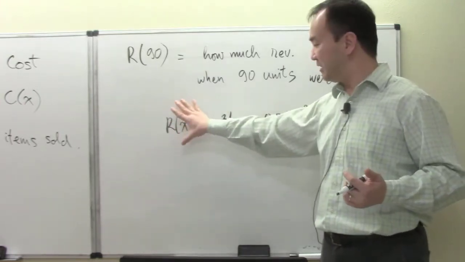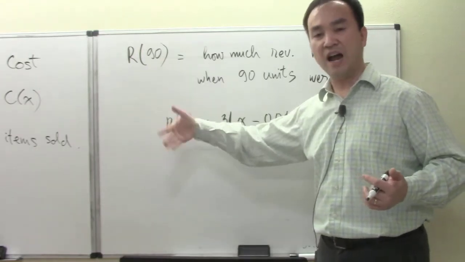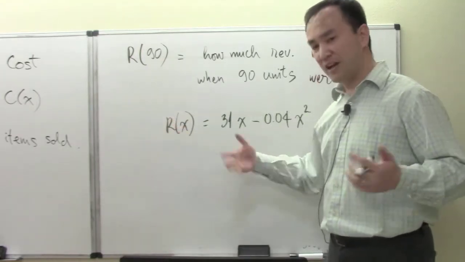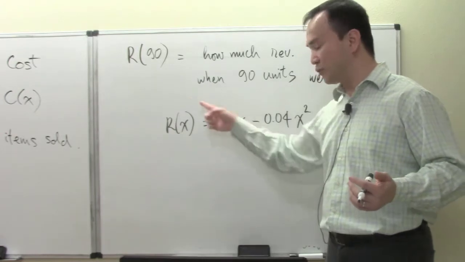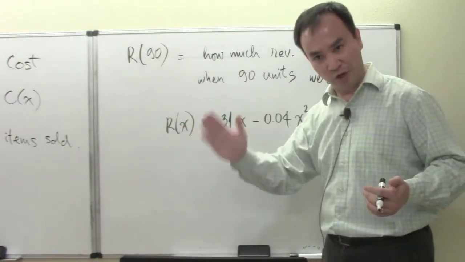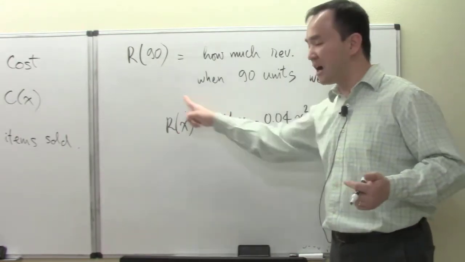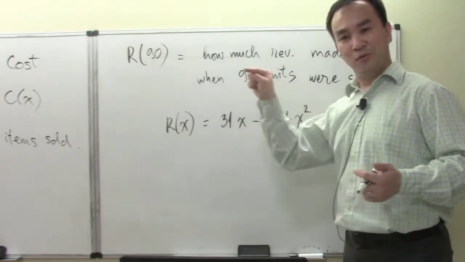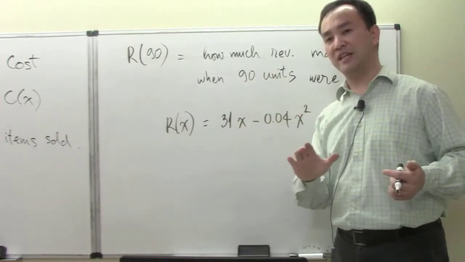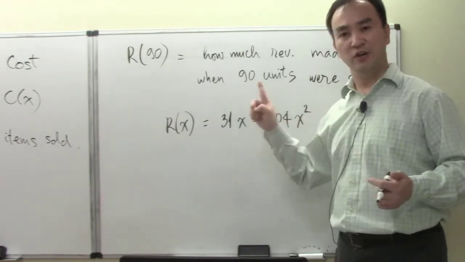But usually this can be done by a hired professional. When you run your own business, usually you hire an analyst who observes the market for you in terms of the products you are making, and then the analyst will come up with the revenue function for you. What's important for you as the owner of the business is that you need to understand what your function here can do for you.